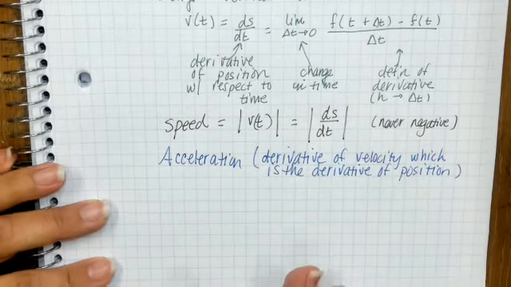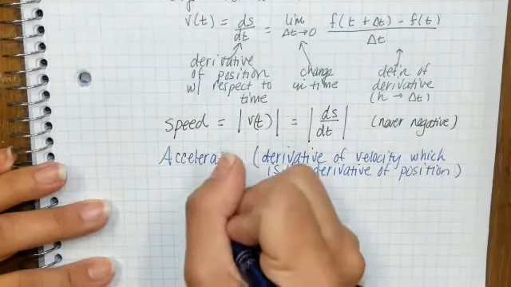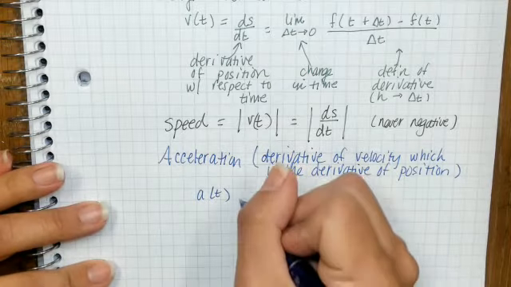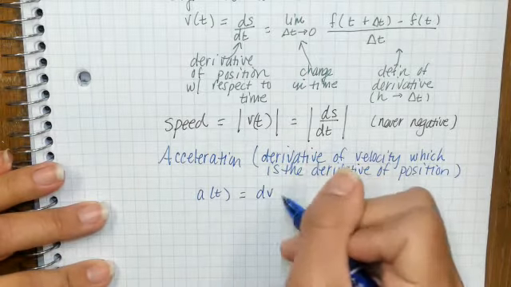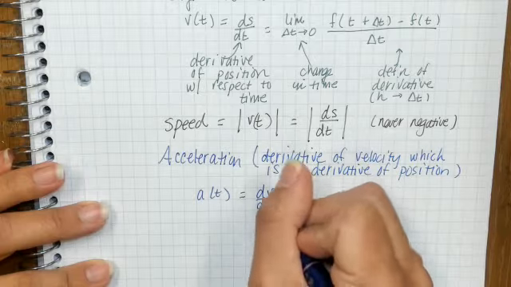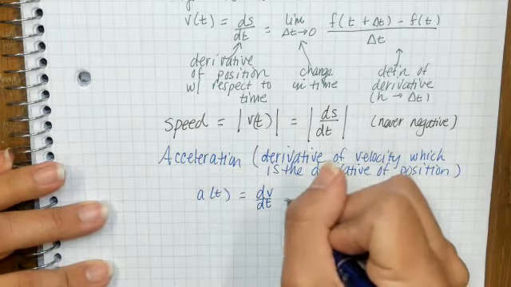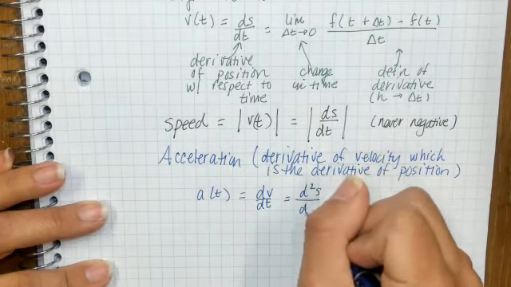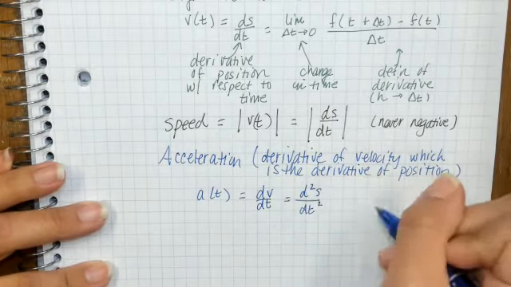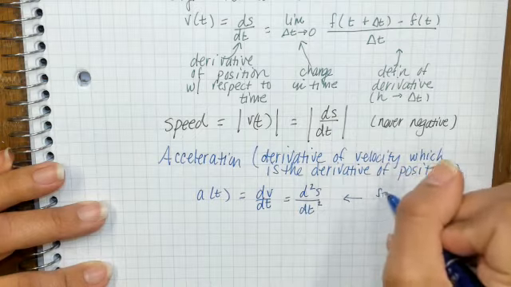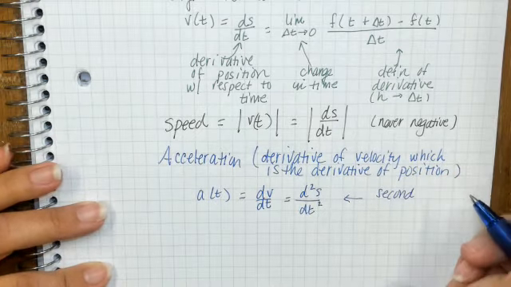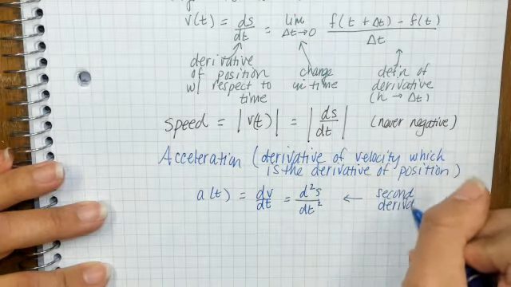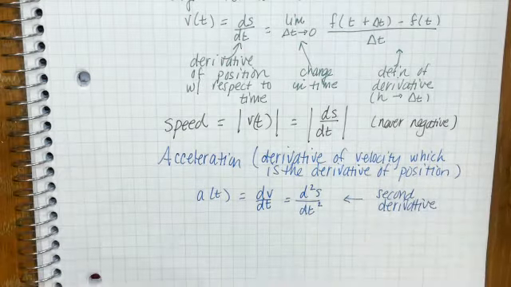So A for acceleration. The acceleration over a specific period of time is the derivative of the velocity, which is the derivative of position. So this is referred to as the second derivative. It's not d squared. It's the second derivative of the position.